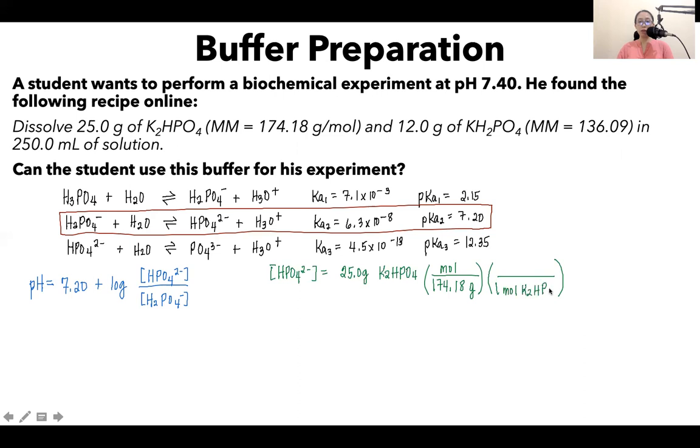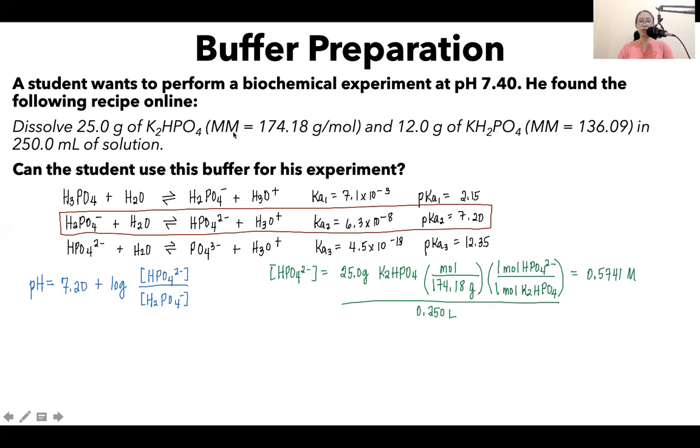For every mole of this salt, I have 1 mole of HPO4 2 minus. And then we divide this by the given volume of the solution, 0.250 liter. So the value for this is 0.5741 molar.